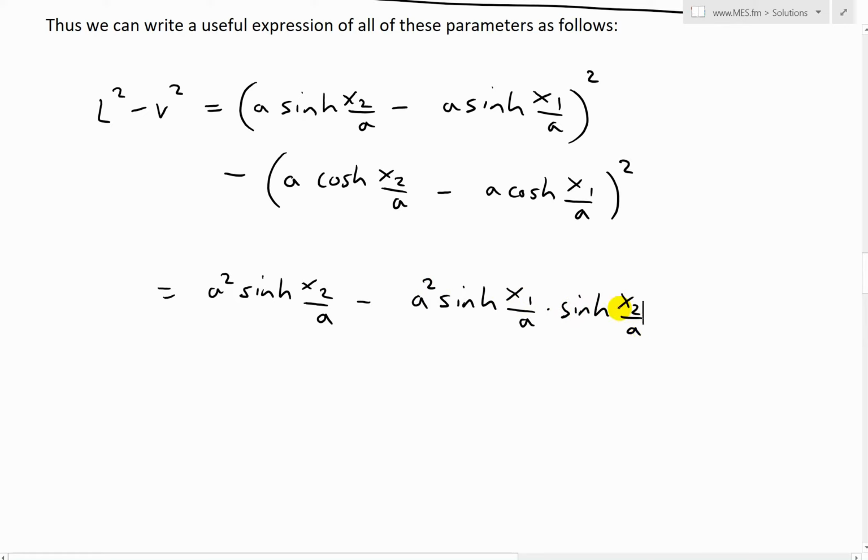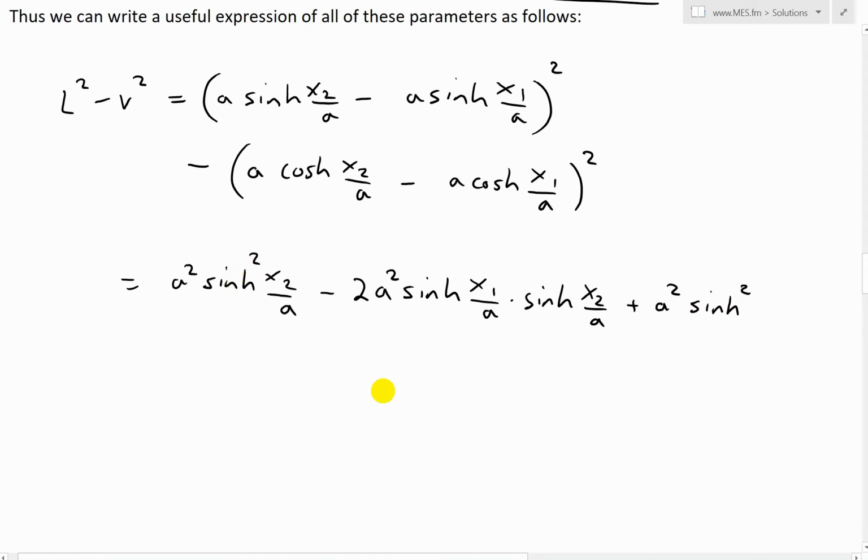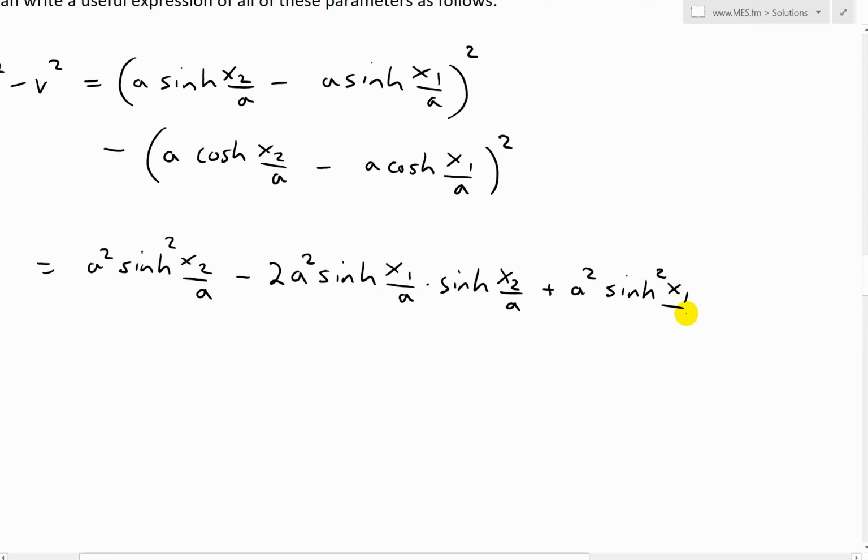And then multiplying this by this is exactly the same thing, so we add another 2, and it's going to be negative. And then the next one is this multiplied by itself, the negative becomes a positive, and we get a squared sinh squared of x1 over a. Oh yeah, I forgot to square this one.